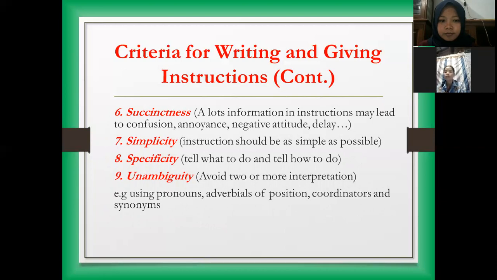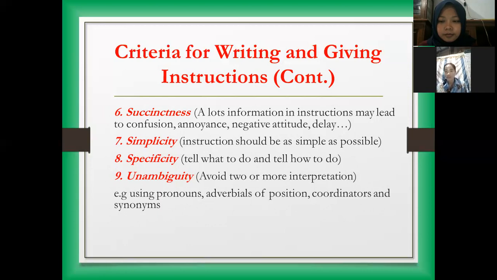Okay, let's continue to the criteria of written and given instruction again. Like 6, succinctness. Succinctness here refers to the fact that a lot of information in the instruction may lead to confusion, annoyance, negative attitude, or delay. Sometimes in our task or activity, we don't need to put a lot of instruction, because too much information may confuse them. Sometimes there is a lot of information, but we don't know what to do.